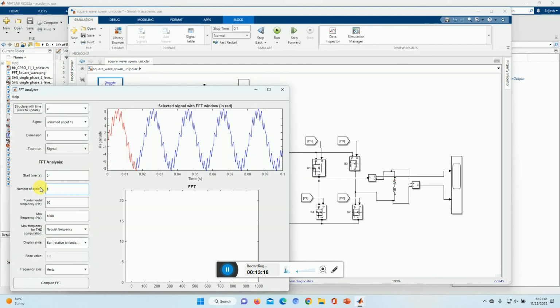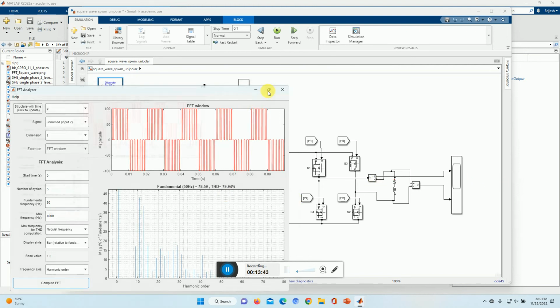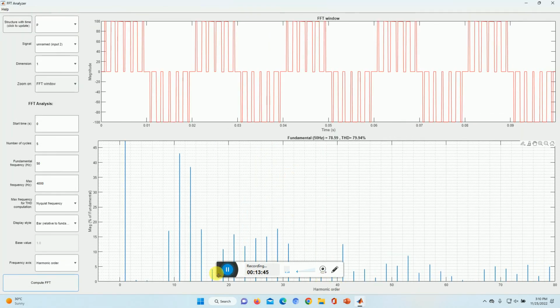Number of cycles to be seen is 5, frequency is 50, and Nyquist frequency is the frequency up to which we will see the harmonics. We want to see the output voltage. If you run it, you'll get the harmonic FFT analysis over here.